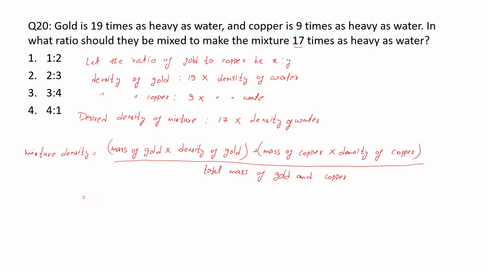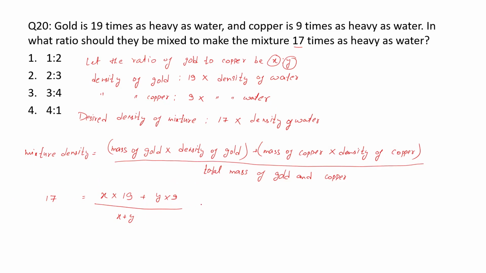Let's say density of water is 1. Okay, so density of gold is 19. Mass of gold is x, because that is the ratio we have taken. So mass is x, density is 19, plus mass of copper is y, density is 9, upon total mass of gold and copper, which is x plus y. And what is the mixture density? It is 17. Is that okay?